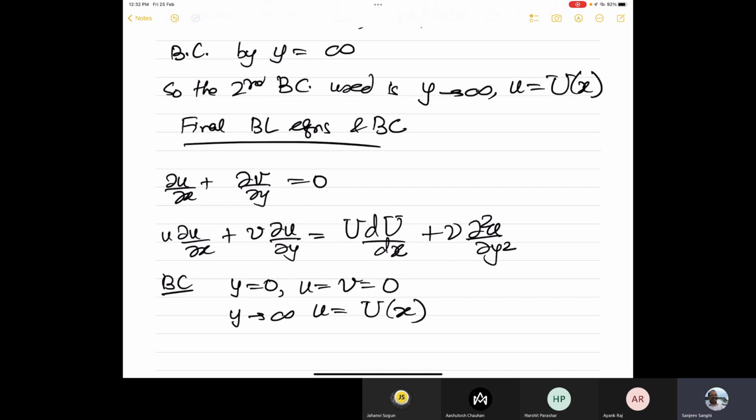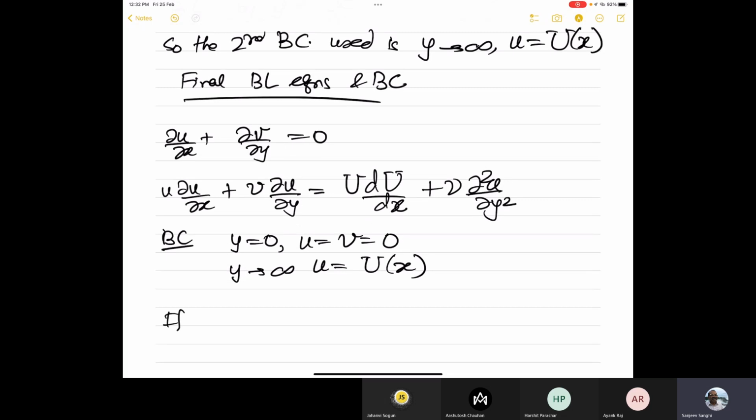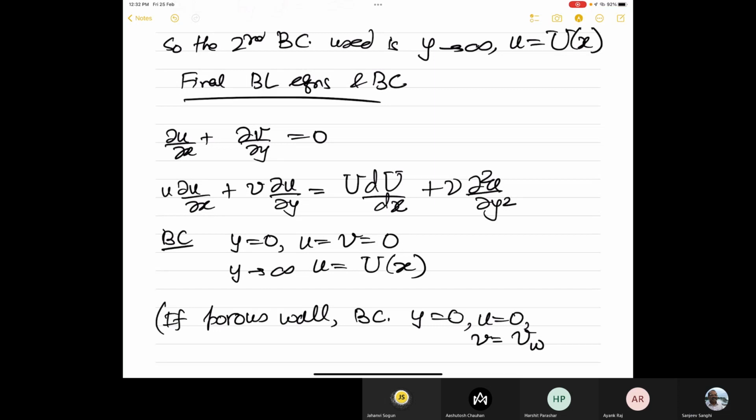And if there is a porous wall, then the boundary conditions are at y is equal to 0, u is equal to 0, and v is equal to the velocity at the wall.